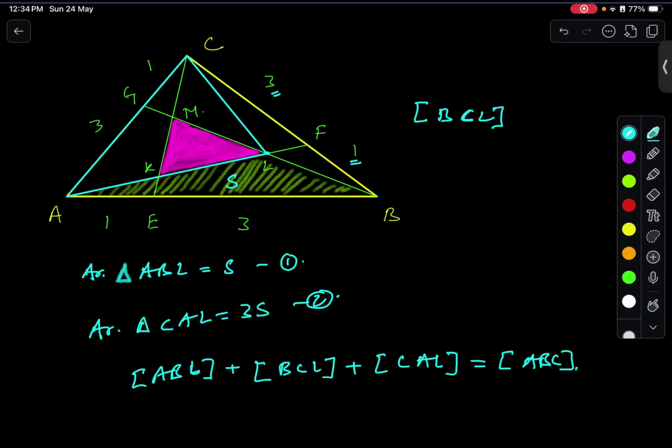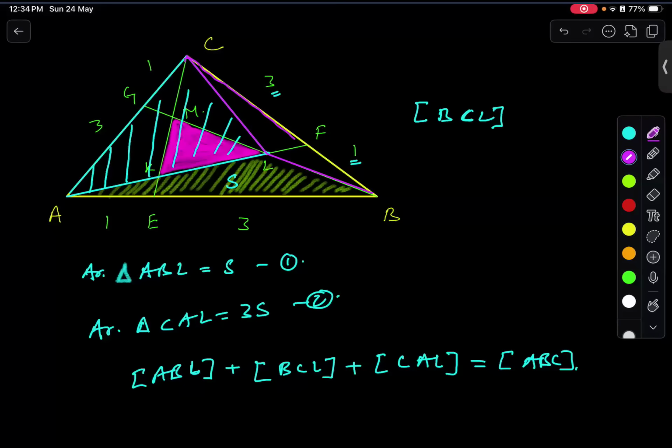We have the area of CAL, and for ABL we have area S. What is the area of BCL? In terms of S only.